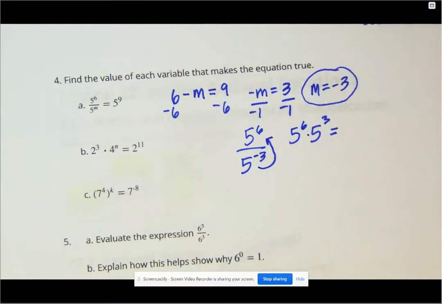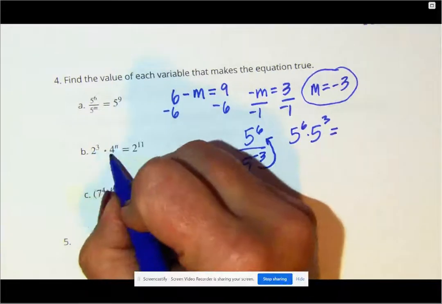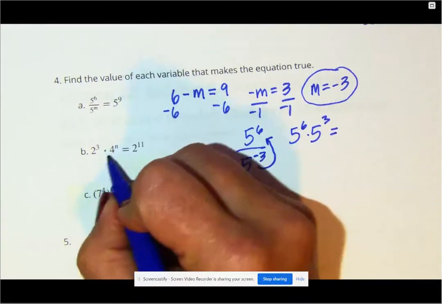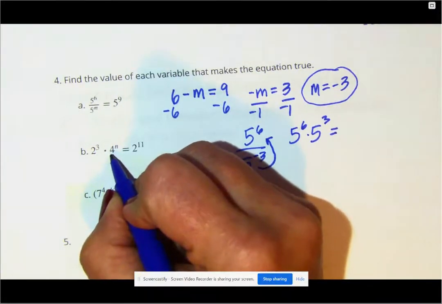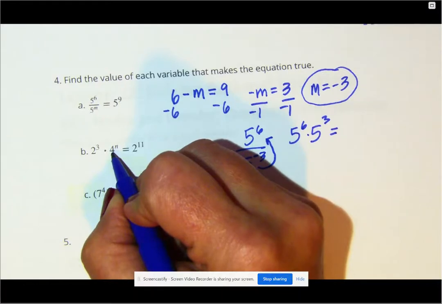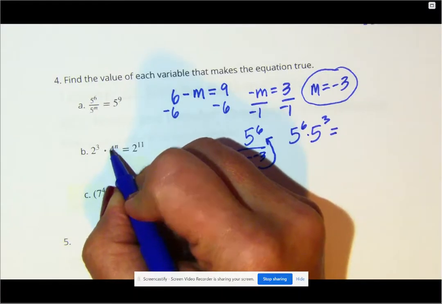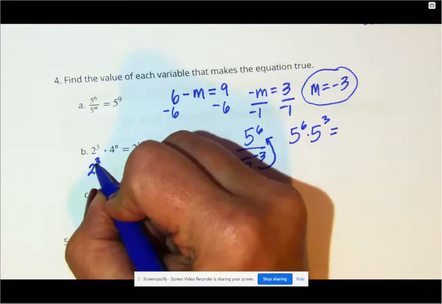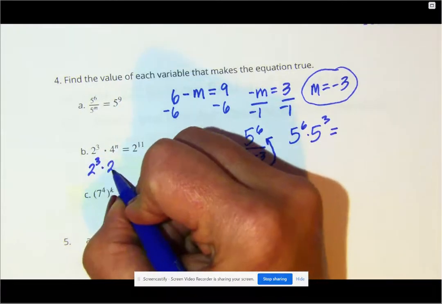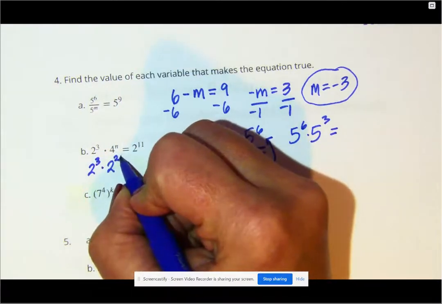2 to the third times 4 to the n is 2 to the 11th. A little bit of a tricky one here, because right now I can't add those exponents because my bases don't match. But I could change that 4 to a 2. So this is actually 2 to the third times 2 squared to the n.